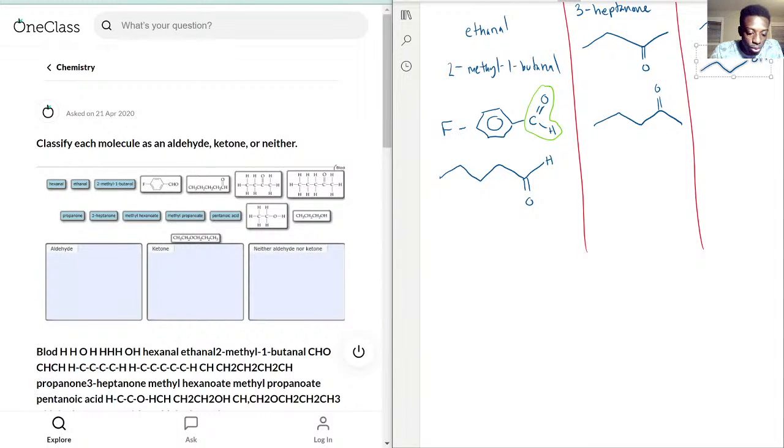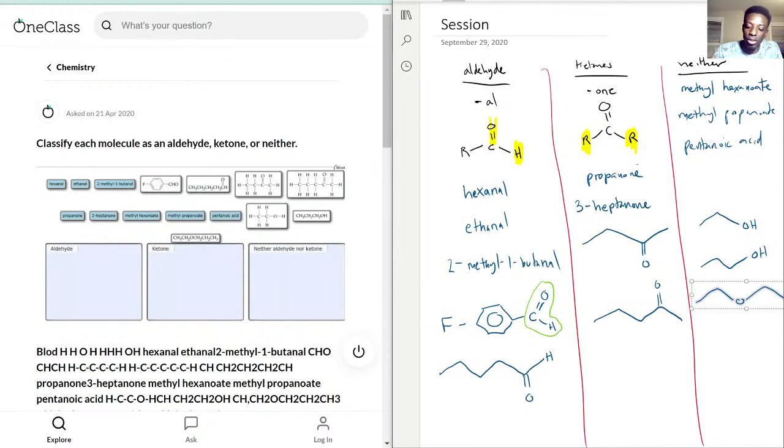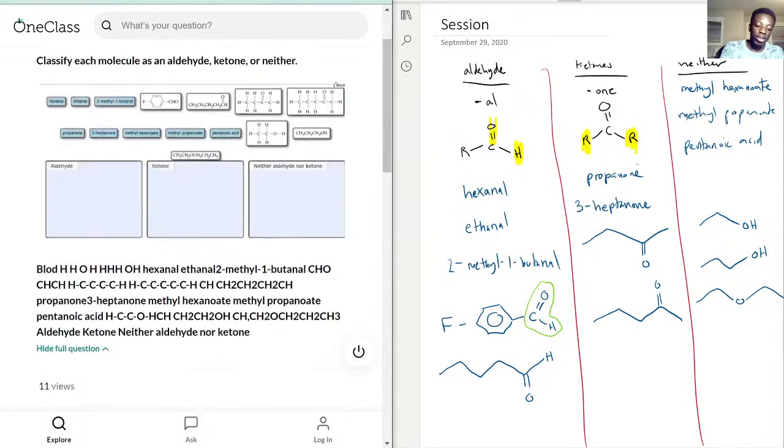And now for the last one, we have CH3, CH2, then there's an O, and then it keeps going on like that. Because the O is right there, as you'll learn, this is actually what you call an ether. So a strange one, but no dice. It's neither an aldehyde or a ketone. So we've gone ahead and broken down all the 15 of them and where they belong, and that would be how you classify each of these molecules.